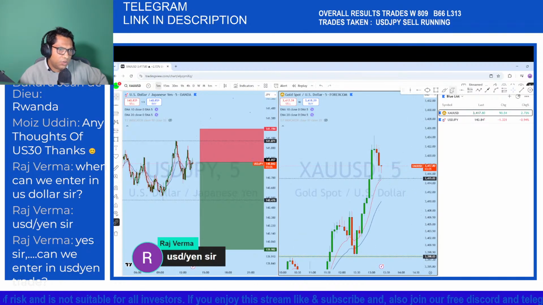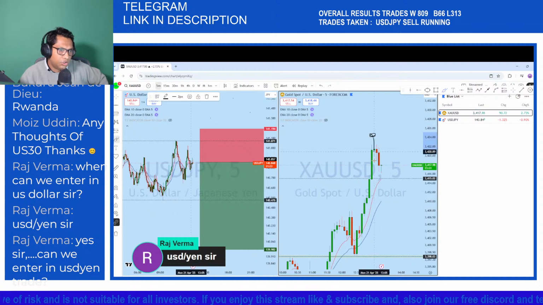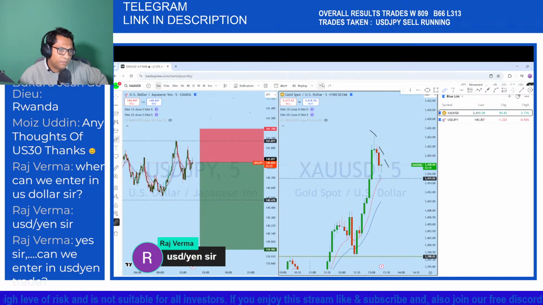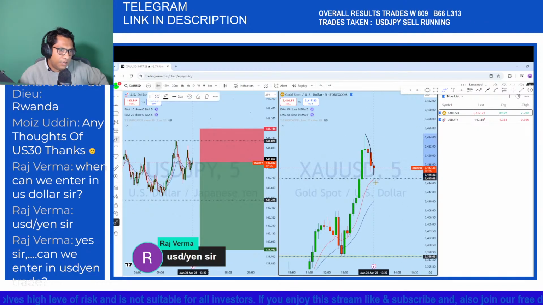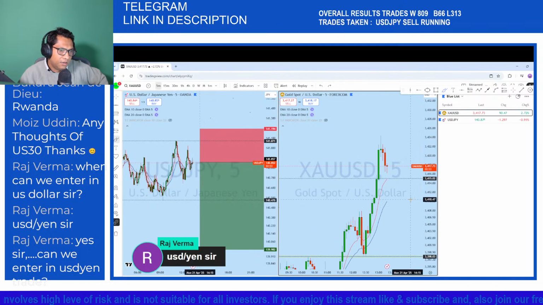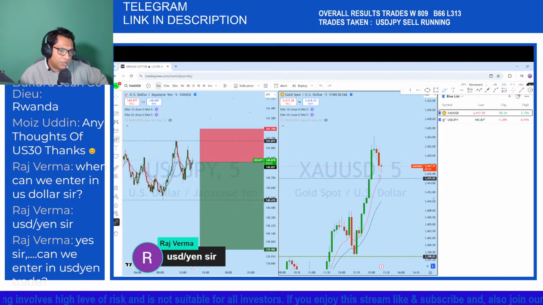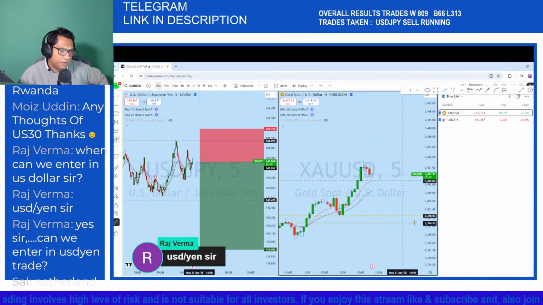Now here is what we can see from this long wick doji. The market is forming a series of lower highs, and it's coming back here for another stronger break.